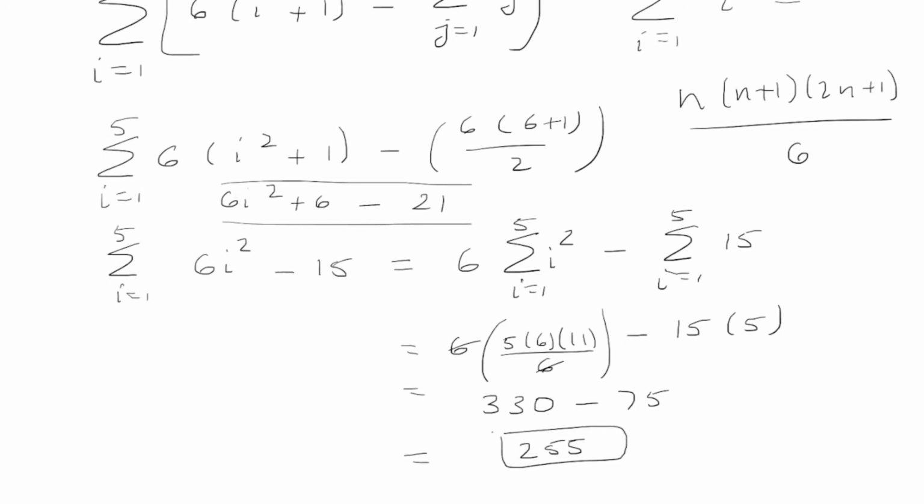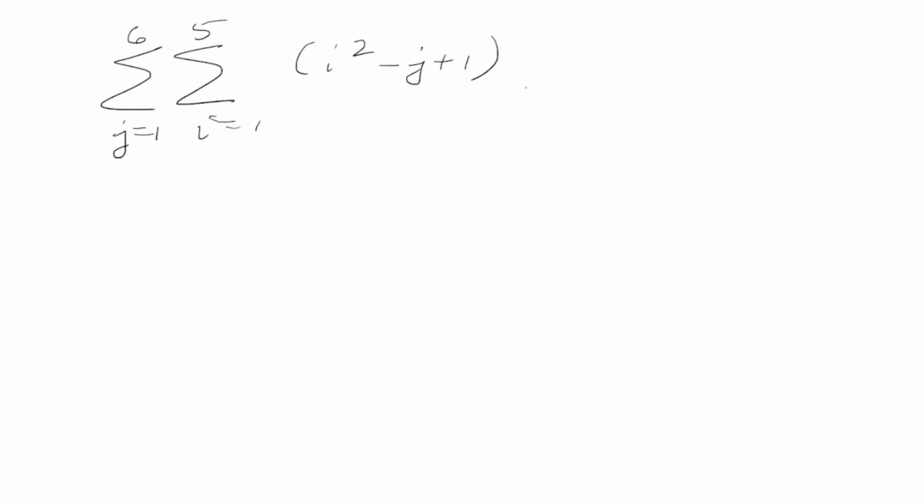Okay, last one. We're going to flip these sums. So last problem we did i equals 1 first, but this time we're going to do j equals 1. So the j and the 1 are going to be constants here, so I can break this up.